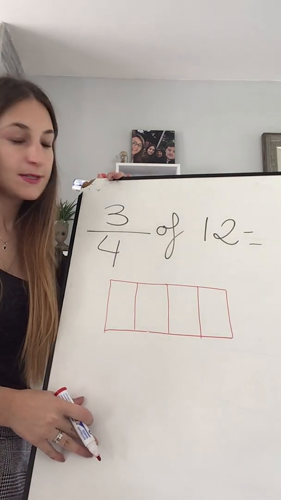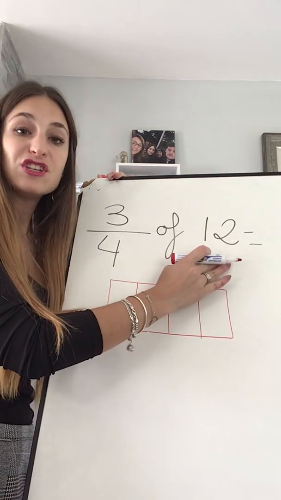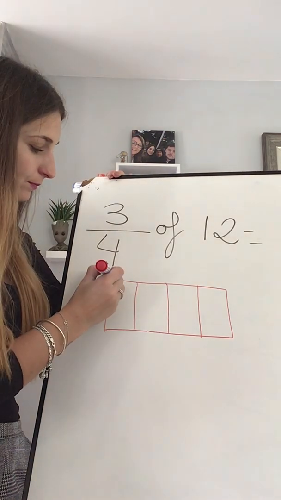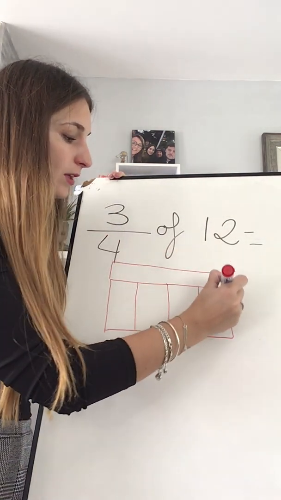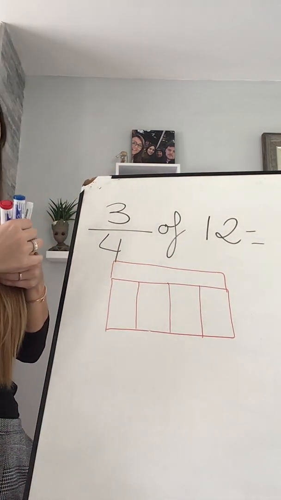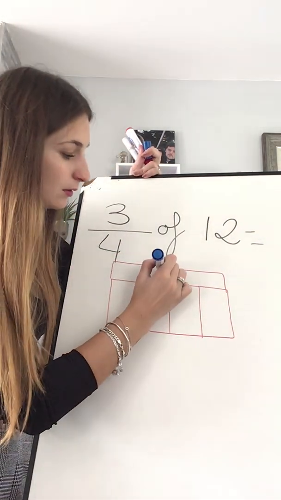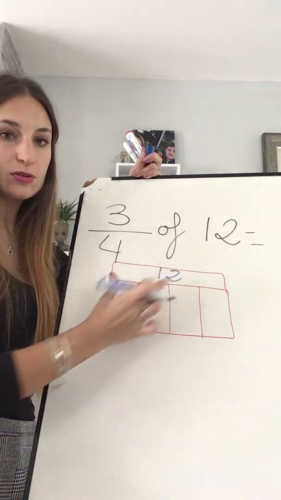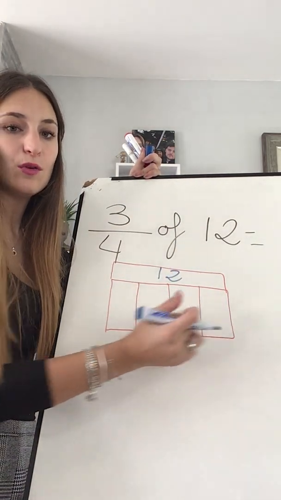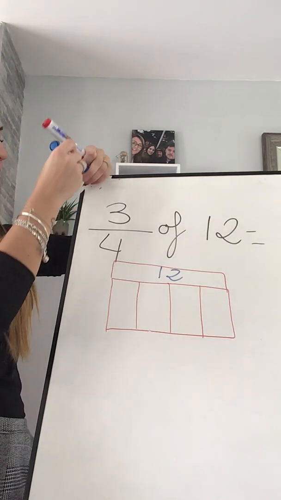Four equal parts. And you are going to be sharing 12. So you know that in total you have 12. 12 is your total, and you're going to be sharing it into 4 equal parts. Okay?